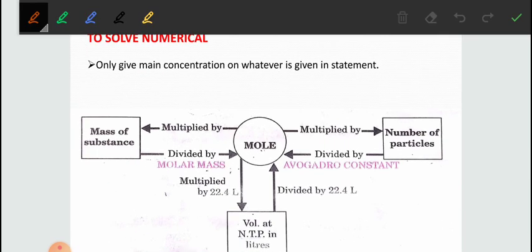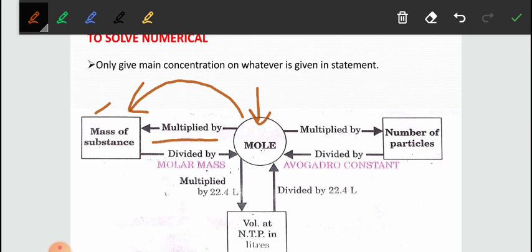At the center I have the mole. If mole is given in the numerical and you want to find the mass of the substance, you just have to follow this arrow.